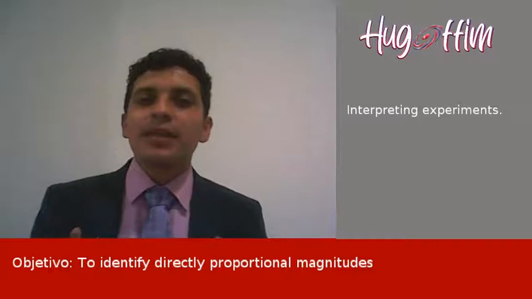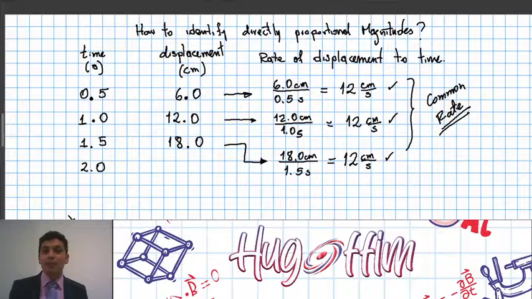This is amazing, because it's the first thing in which you can see the relation between proportions, something about pre-algebra, with magnitudes and relations, that is more like function analysis and algebra. But let's see something extra about directly proportional magnitudes. Look, I can see in my example that this common rate, 12, can multiply the time to get the displacement.